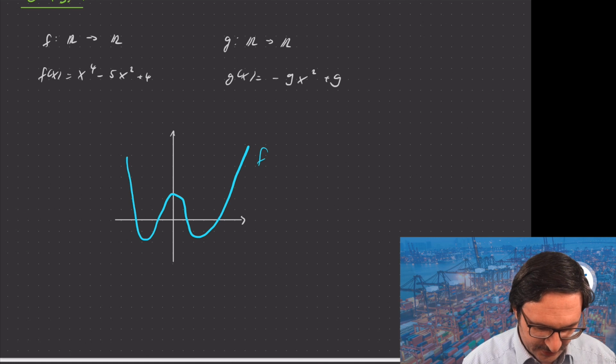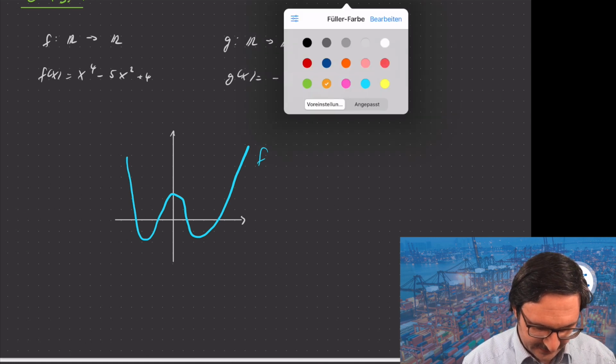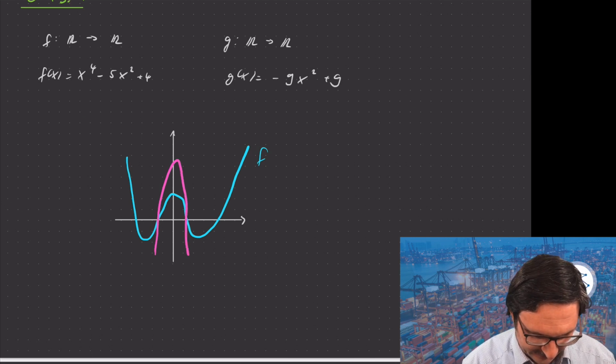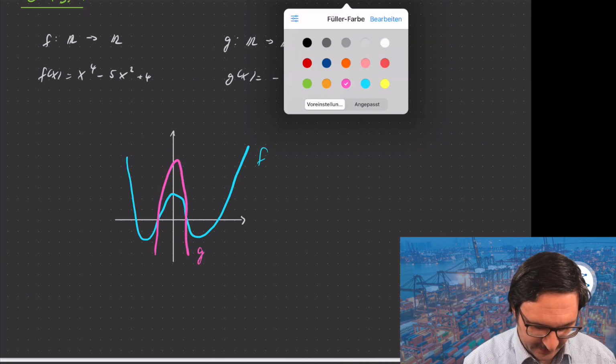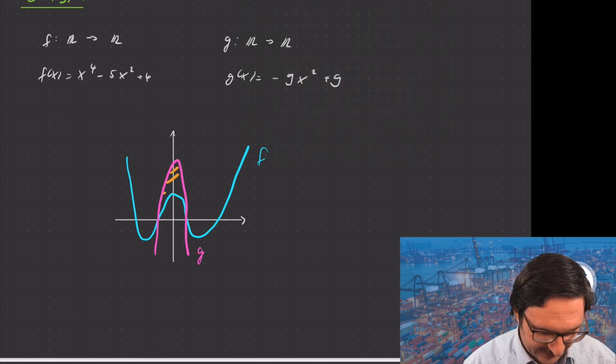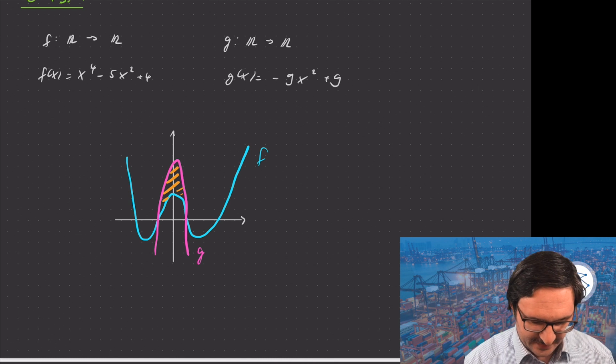And the function g, similar to that one, looks like this here. So that's the function g. And that means the area that we're talking about is this area here. That's the area that we want to compute.